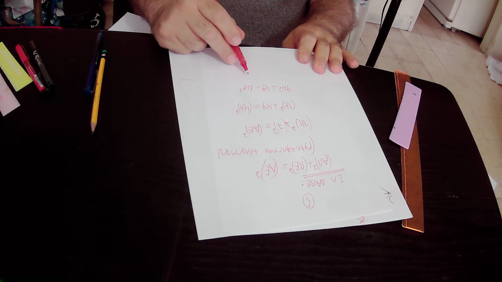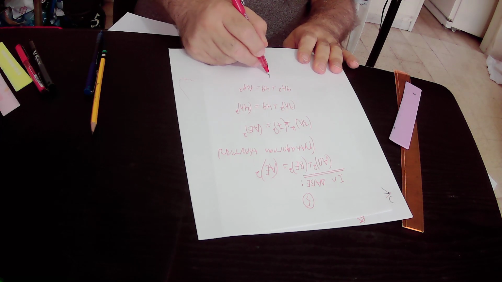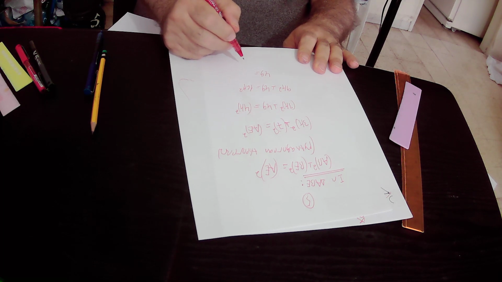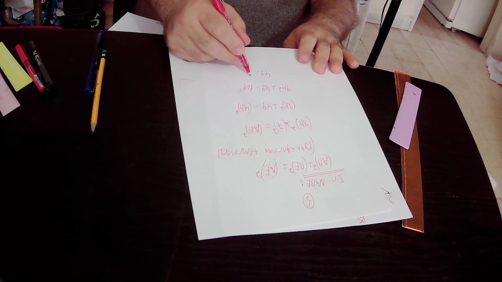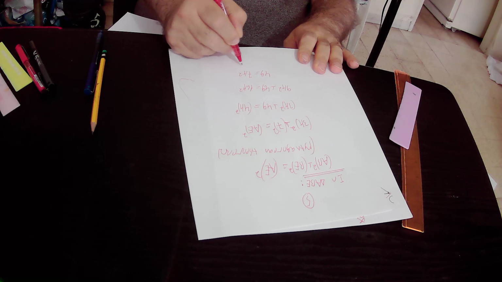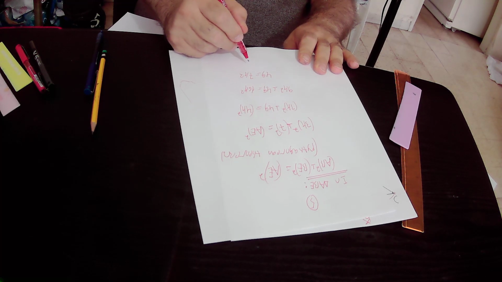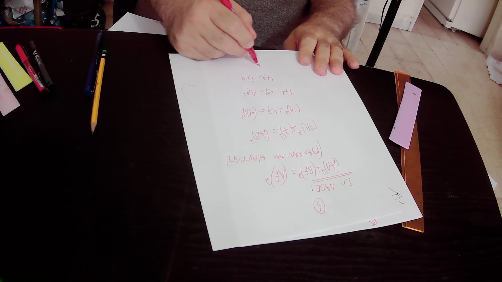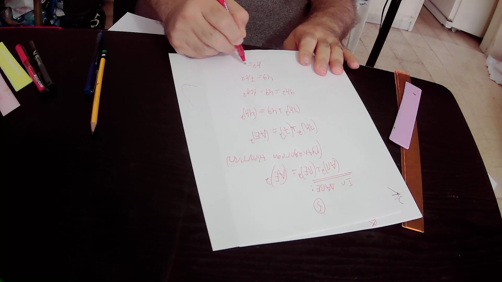Here we will subtract 9K square from this equality and we will get that 49 equals 16 minus 9, which is 7, times K square, so 49 equals 7K square. Here we will divide this equality by 7 and we will get that K square equals 7.